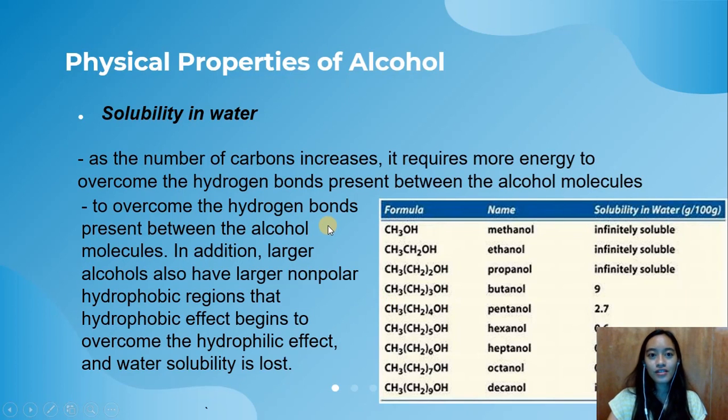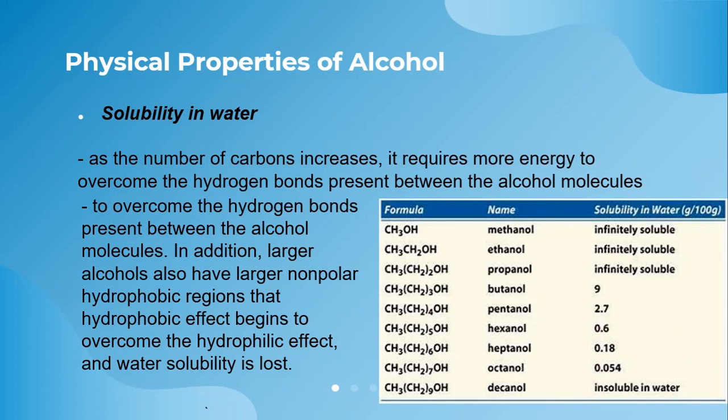Okay, let's go to some physical properties of alcohol. Alcohols have physical properties and chemical properties. Physical properties first: solubility in water. Solubility in water means that when you add that substance to water, the water is able to break those bonds, so the substance spreads within the water and dissolves. Both are liquids, so it's possible.